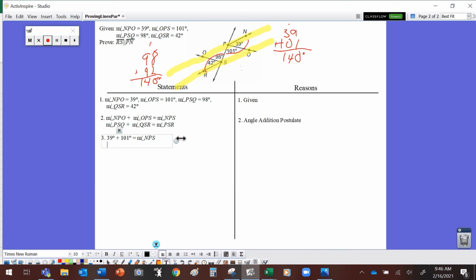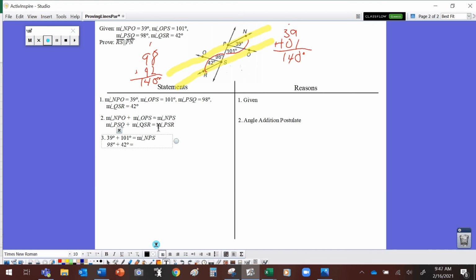And tell you what, since we're going to do the same kind of thing with these angles, let's put this on the same step. Okay, in place of the measure of angle PSQ, let's put 98 degrees. And in place of the measure of angle QSR, let's put 42 degrees.